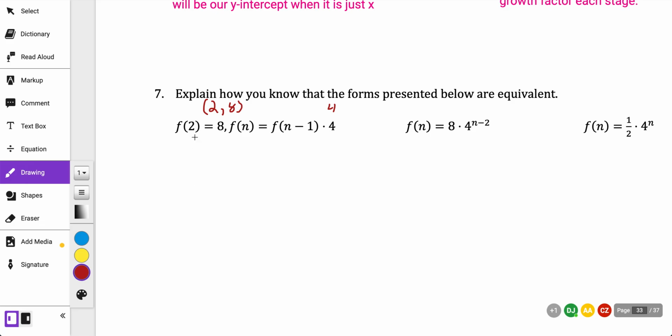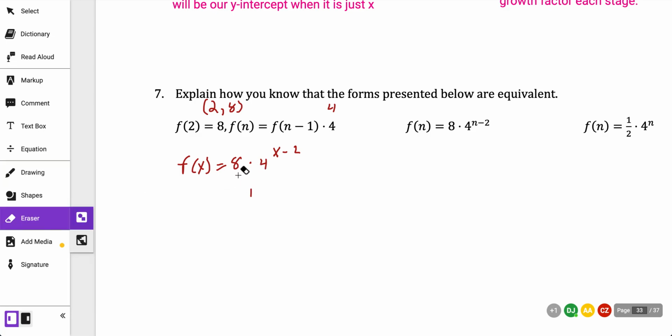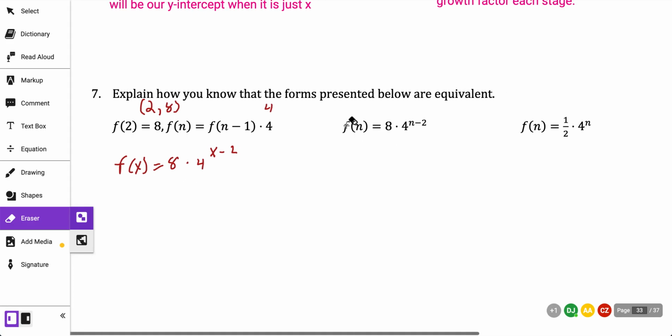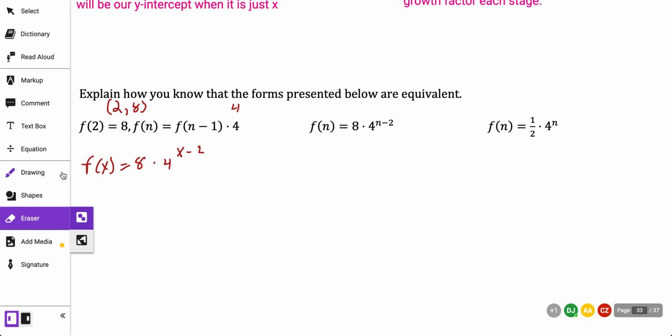The point ratio form would be f of x is equal to 8 times 4 to the x minus 2. From there, I know that this is, well, let's pause right here. So from here, I can tell when I plug that in that the first and the second are equivalent. Okay? So I'm going to manipulate these again in a second, but I want to look at this third one now.